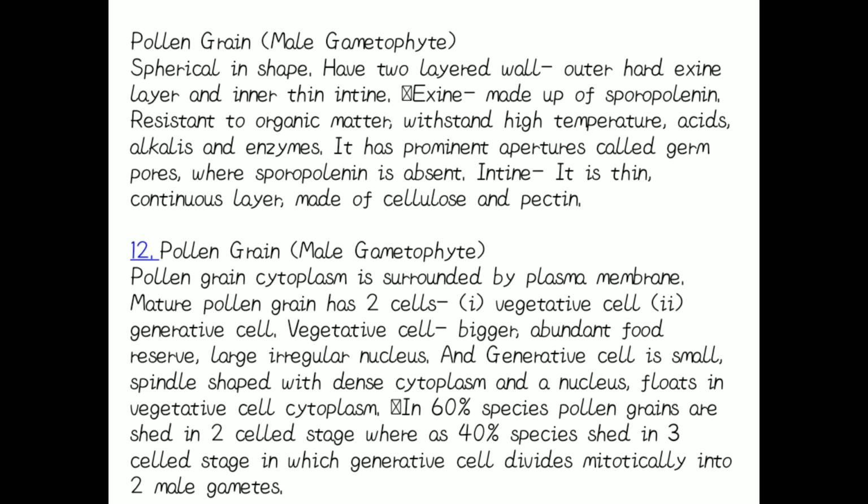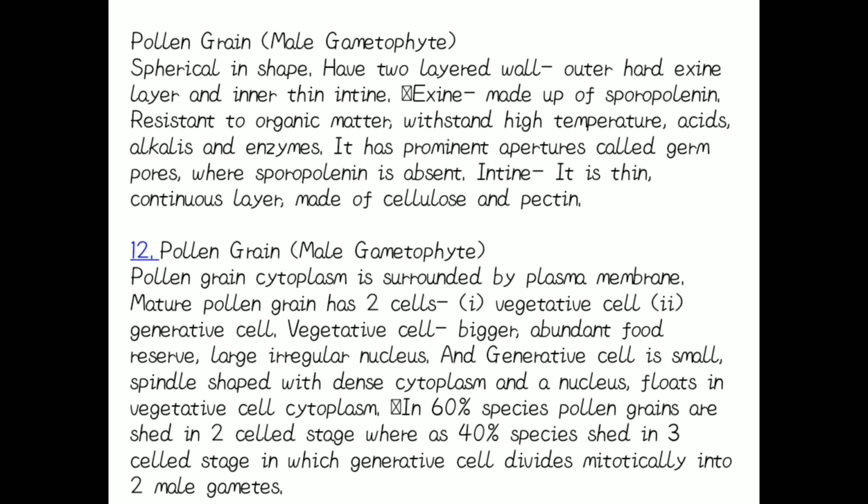A mature pollen grain has two cells, the vegetative cell and the generative cell. The vegetative cell is bigger in size, with abundant reserve food material and a large irregular nucleus. The generative cell is comparatively small, spindle shaped, showing dense cytoplasm and nucleus, and floats in the vegetative cell cytoplasm.